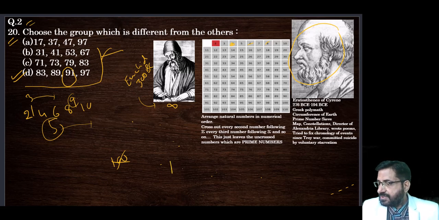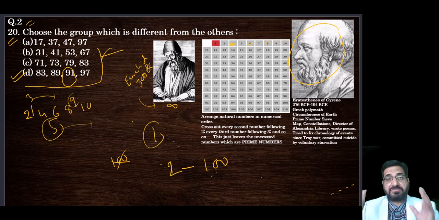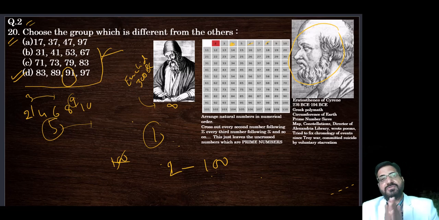So from 1 to 100, you don't want to say 1, say 2 to 100, because 1 is a special number. It has only one factor, 1. The number itself is also 1. So it is not considered a prime number. 2 is the even prime number. All other prime numbers are odd. And all odd numbers are not primes. Please remember this.